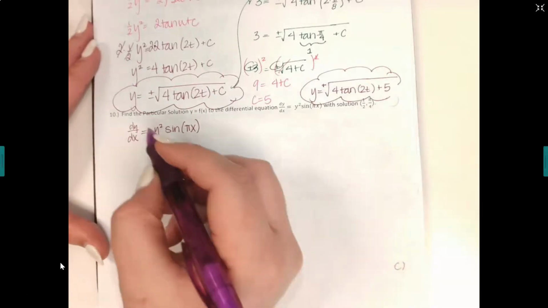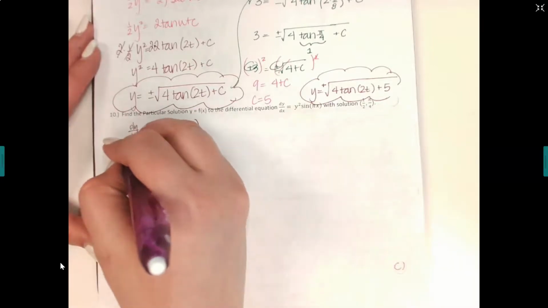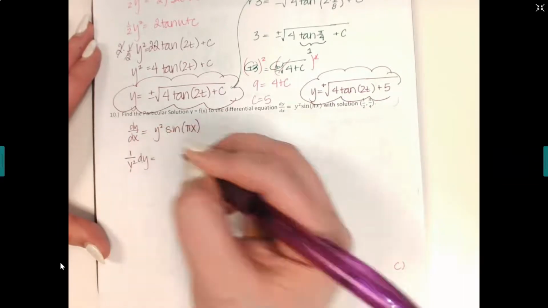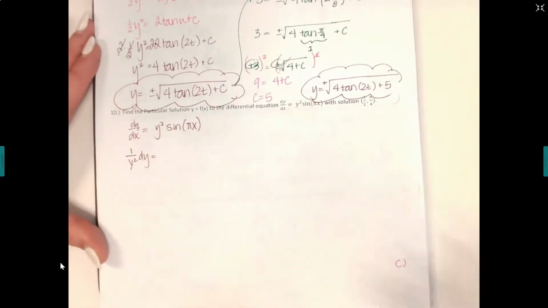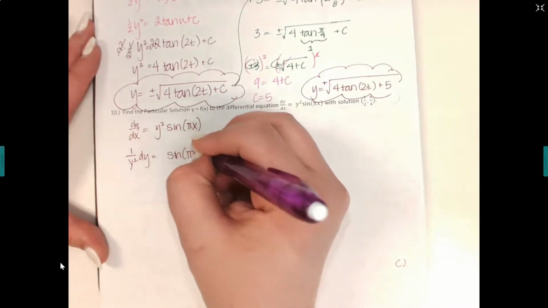Yeah, and if it's a y squared, what will it be when I divide it across to the other side? 1 over y squared, right? And then my dx will come up behind my sine. Good so far?